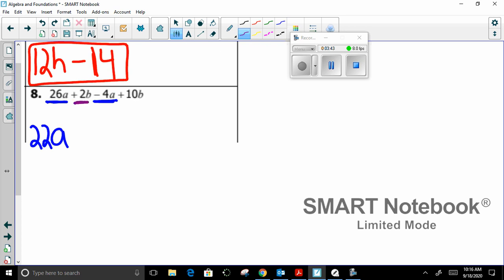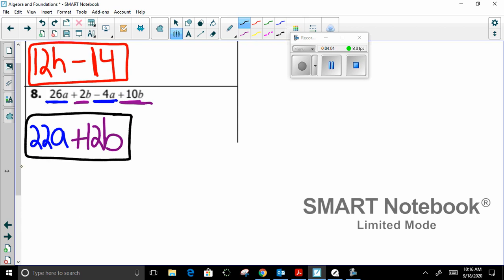B's, I have a +2B and a +10B. Keep the B, do what the numbers ahead of them say. 2 plus 10 is +12. Now keep in mind, can I go any further? Can I add these? Are they like terms? They are not, so that's my answer. A's with A's, B's with B's.